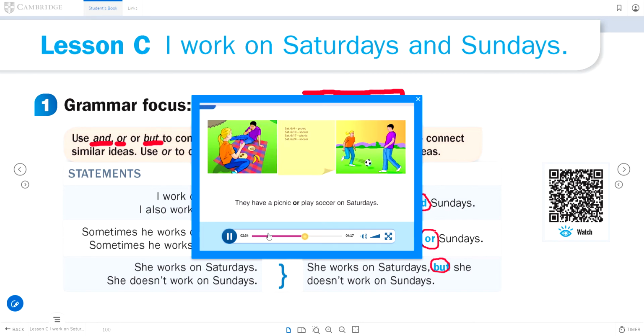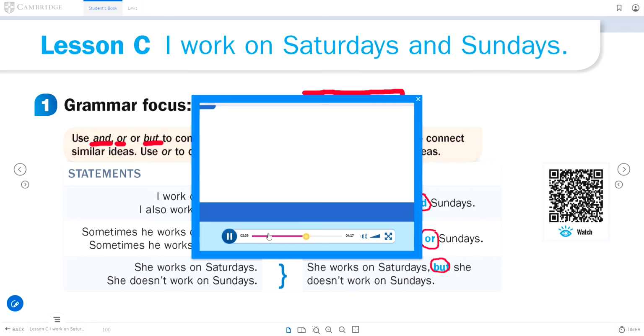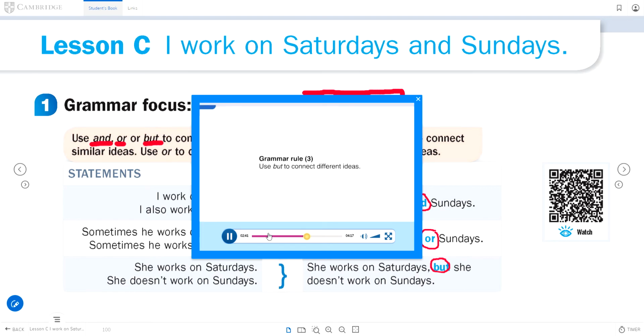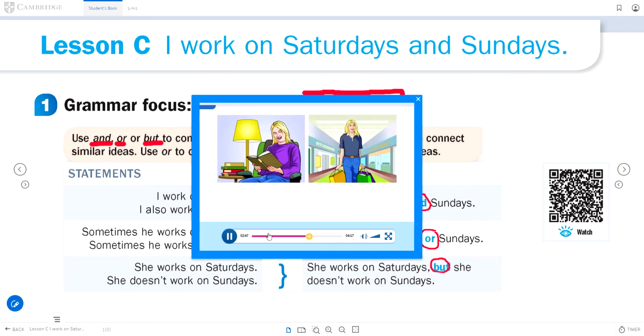They have a picnic or play soccer on Saturdays. Grammar Rule 3. Use but to connect different ideas. She studies on Saturdays. She doesn't study on Sundays. She studies on Saturdays, but she doesn't study on Sundays.